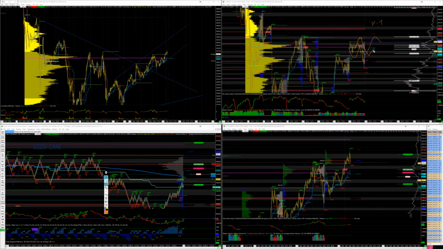Bounce. And continue down to the low volume node at 80, around here. This low volume node there. Okay. That was scenario 2 for yesterday.